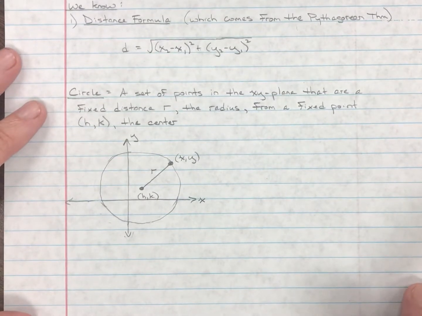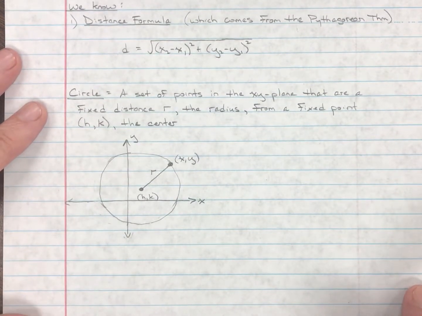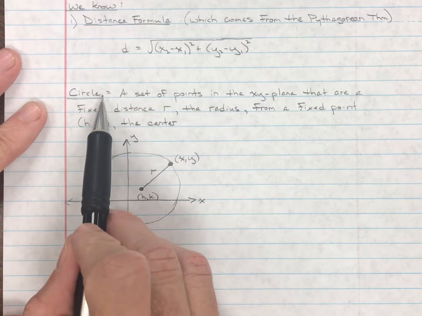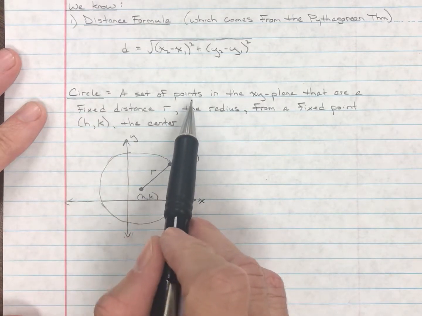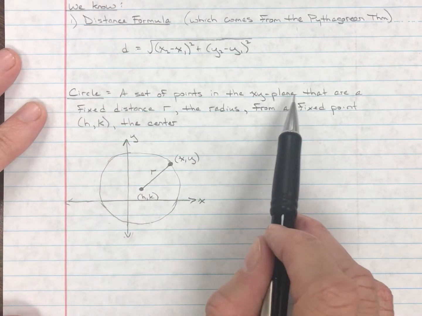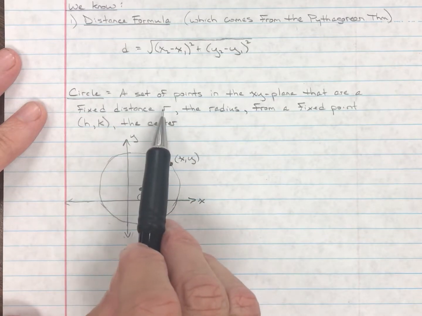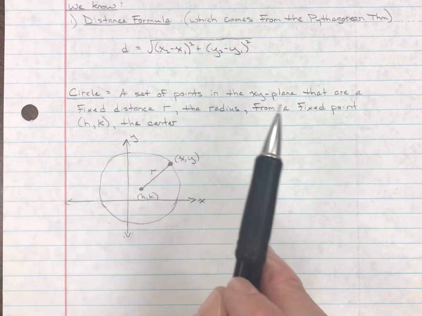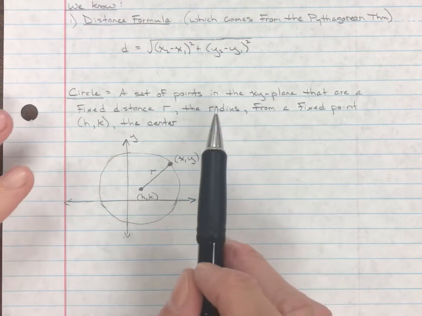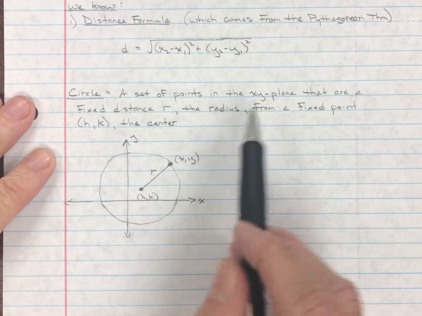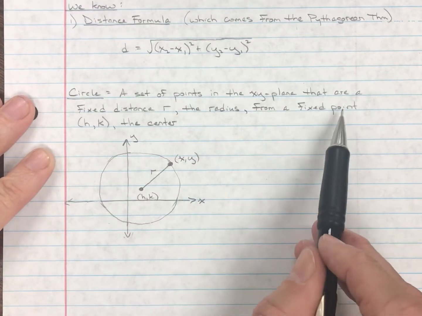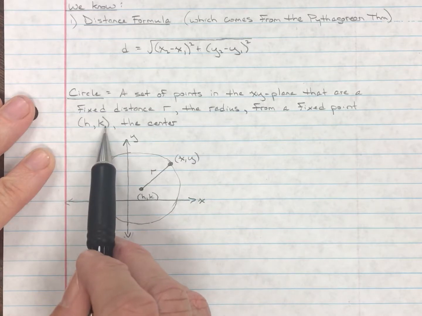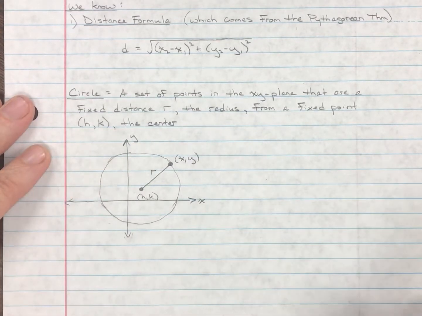Let's define what a circle is as we talk about it algebraically. A circle is a set of points in the xy plane that are a fixed distance r, which is the radius, from a fixed point, hk, which is the center.